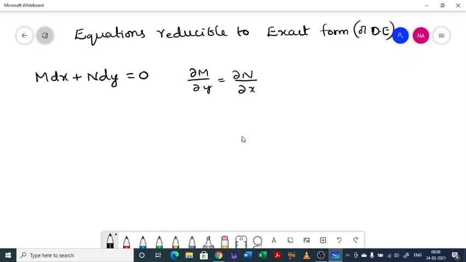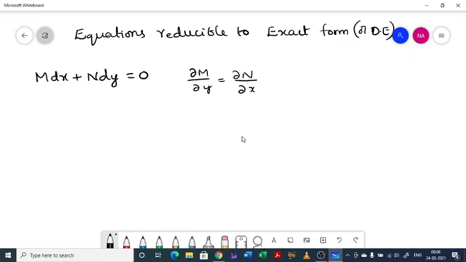It plays a key role in converting an equation which is not in exact form to exact form. There are two types of integrating factors we will consider; in this video, type 1 will be discussed.